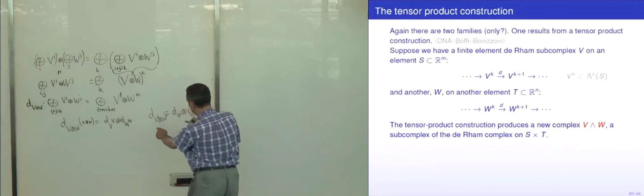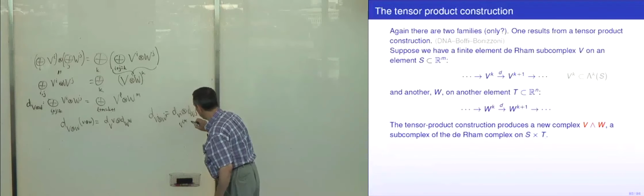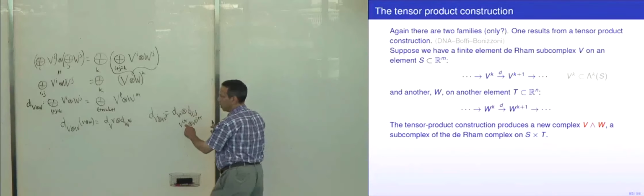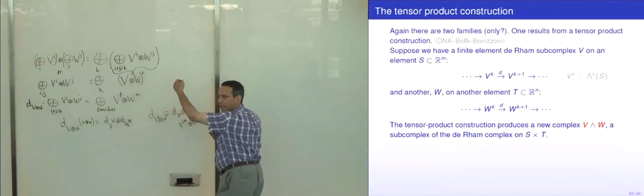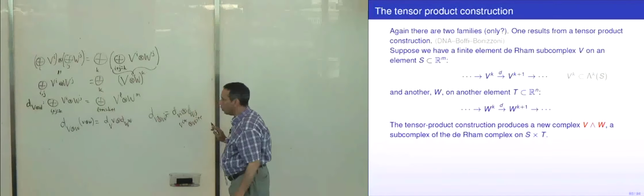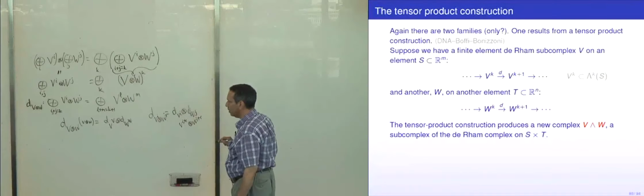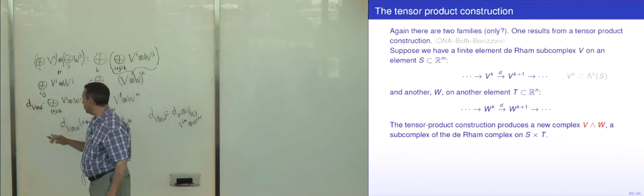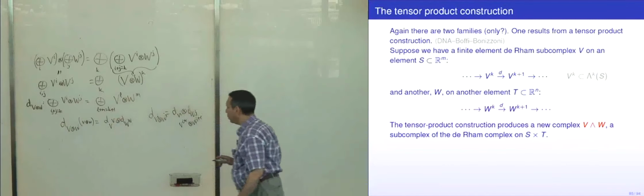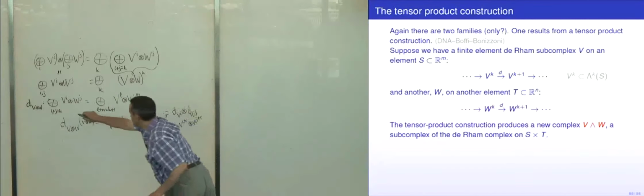This would get you into V_(i+1) tensor W_(j+1), and so that would be part of the tensor product at two levels higher. And what's more, that's not going to work very well with what we want to do because we like D's to satisfy a Leibniz rule. So what we're really going to use, so this is wrong.